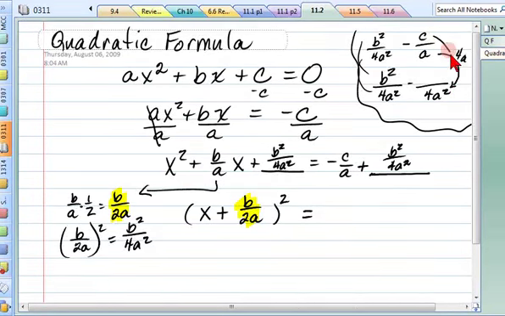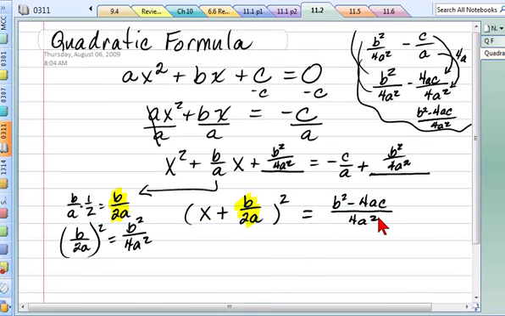So multiply the top by 4a, and you're going to get 4ac. Now I have a common denominator. That is b squared minus 4ac all over 4a squared. So the right-hand side is b squared minus 4ac all over 4a squared.